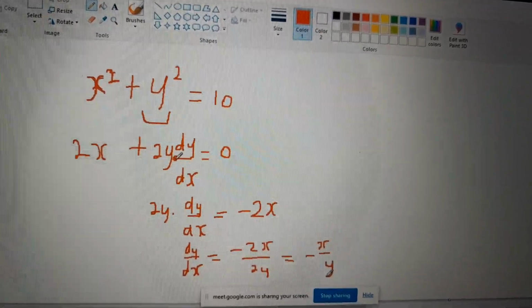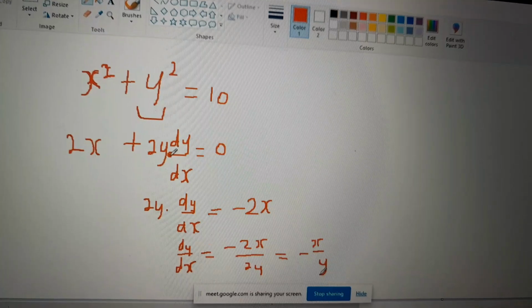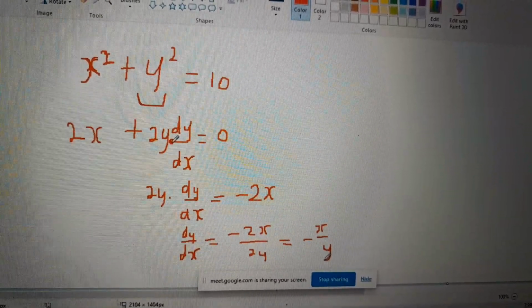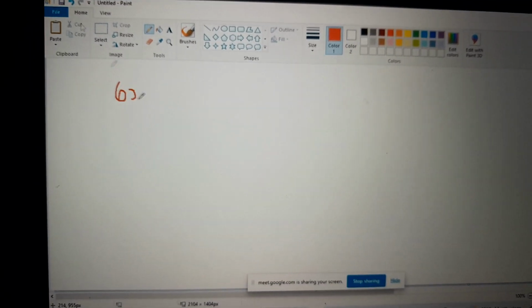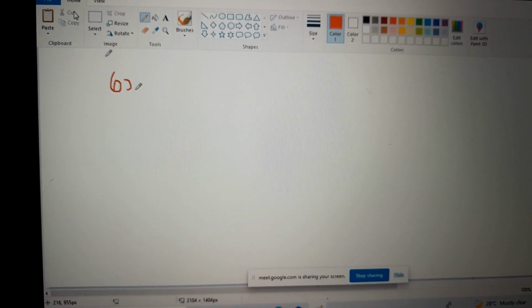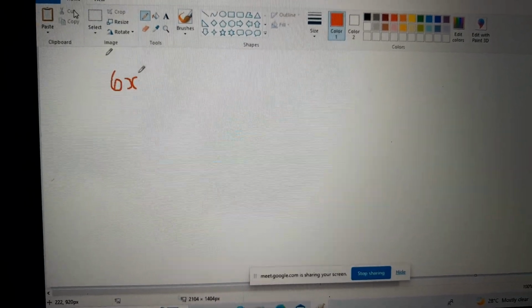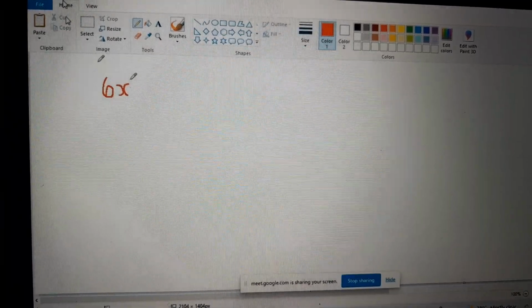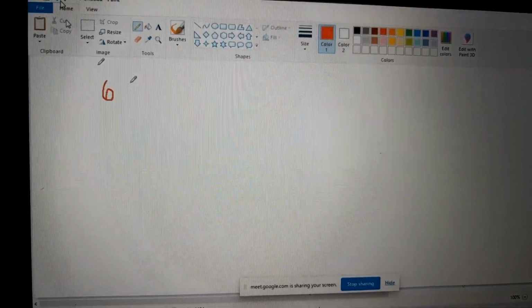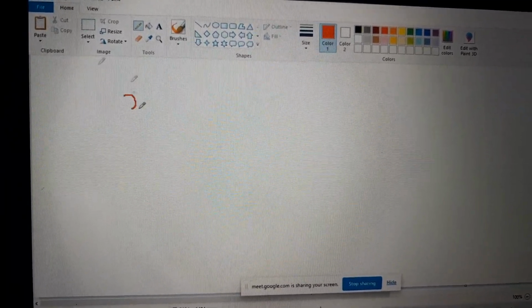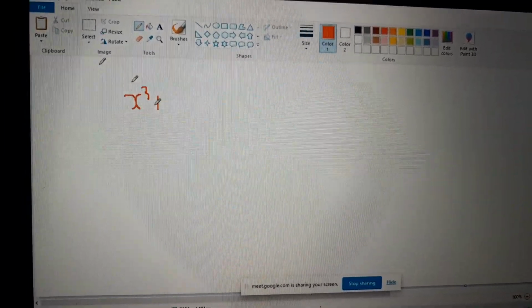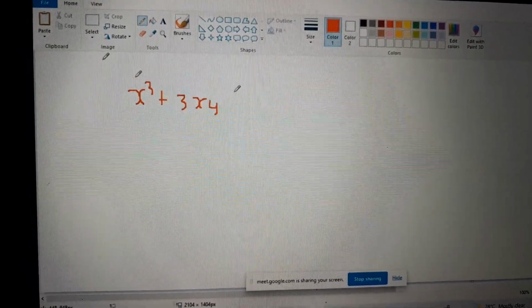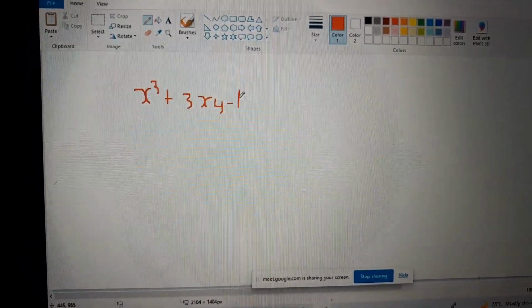Right? Let me see one that has a little twist to it. x cubed plus 3xy minus y squared equals 6.